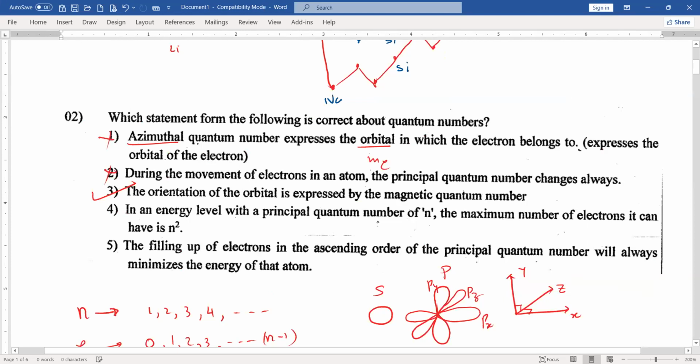These are wrong. The fourth one: an energy level with a principal quantum number of n can have a maximum of n squared electrons. Here, n squared actually gives us the number of atomic orbitals, in this way.